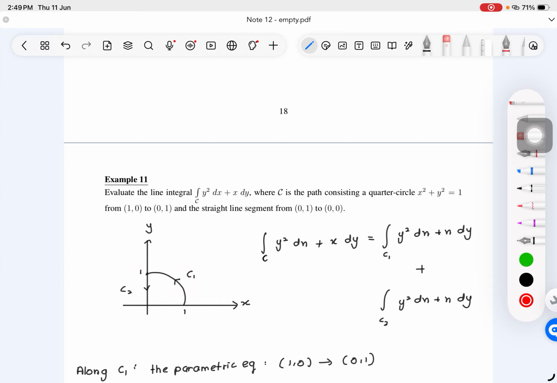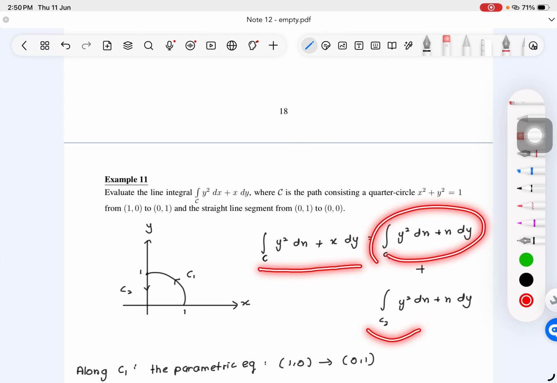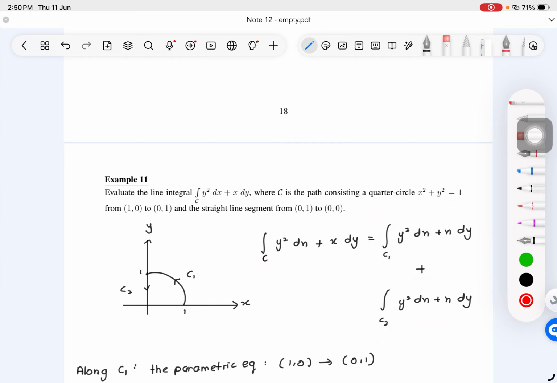And then you have a straight line segment from (0, 1) to (0, 0). This is your C2. So you need to find C1 plus C2 to evaluate your line integral. Basically, how to solve this one is just the combination of what you have learned just now.